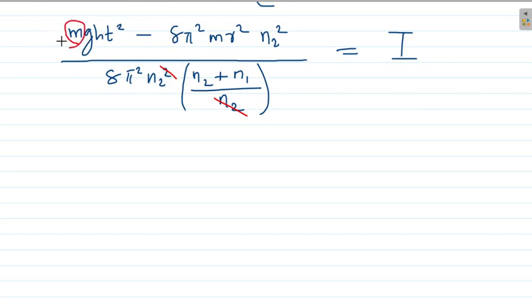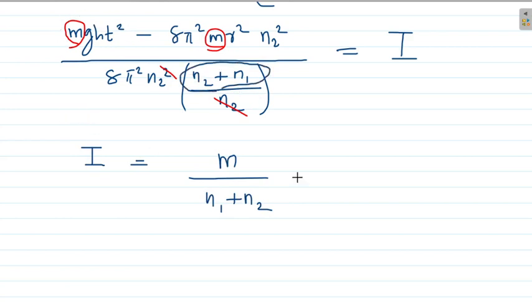Also take m as common in the numerator. I can write I is equal to m divided by n1 plus n2. I have taken the mass as common and this n1 plus n2 term as common, into gh t square divided by 8 pi square n2.